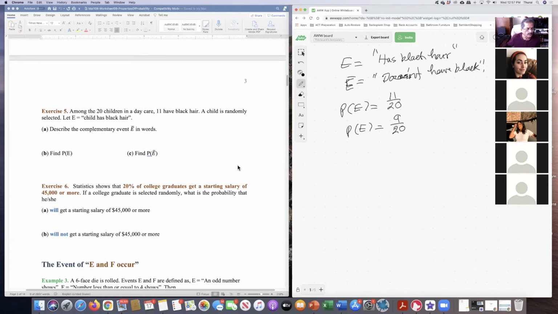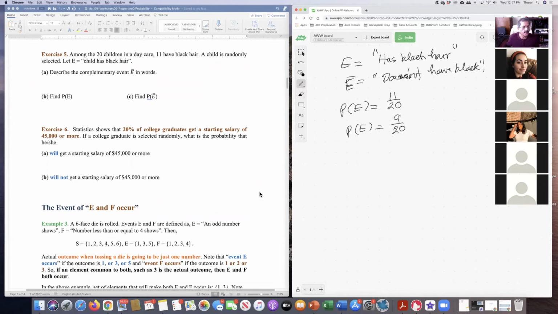Okay, so going over to exercise 6, statistics show that 20% of college graduates get a starting salary of $45,000 or more. If a college graduate is selected randomly, what is the probability that he or she will get a starting salary of $45,000 or more? What is it? 20%, or 0.2.